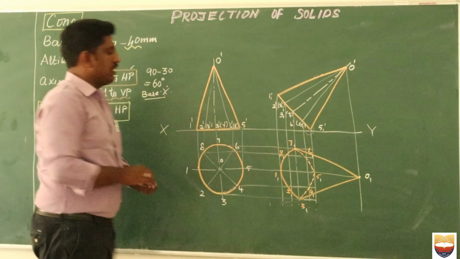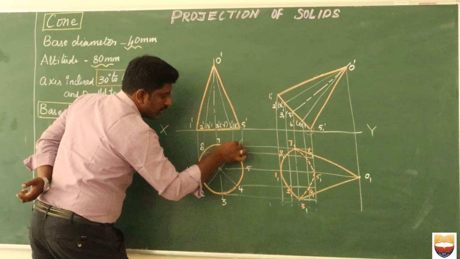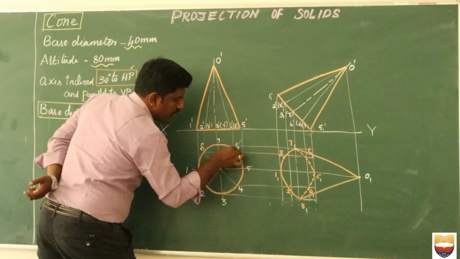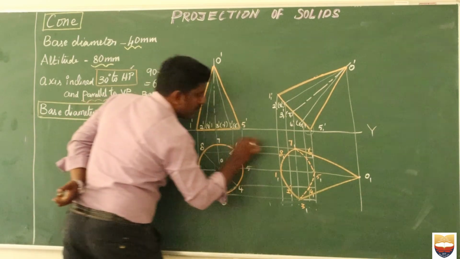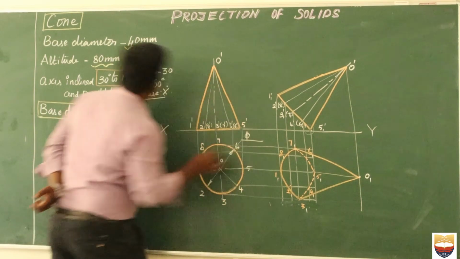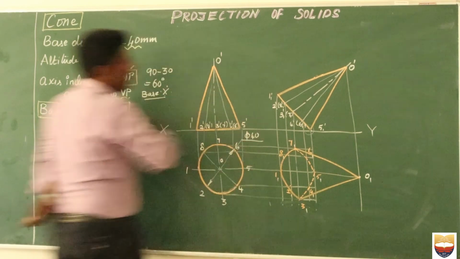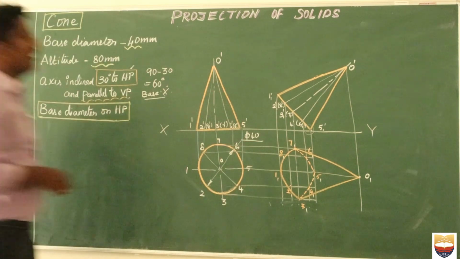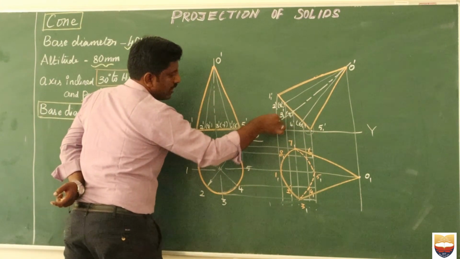In order to complete your dimension, what you can do is, so you obviously are having your line like this. You try to have an arrowhead here, and you try to have an arrowhead here, and try to have a line here, and it is diameter 40. Okay, and we obviously know here axis incline only is given over here. So you try to extend your axis here and mark it.